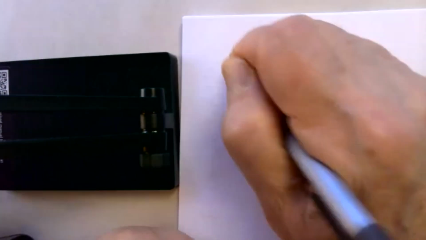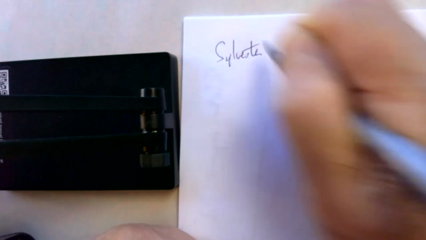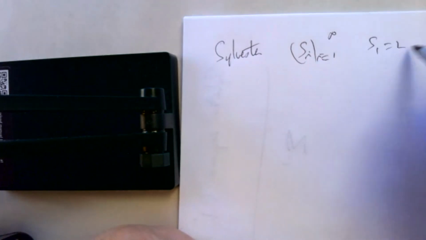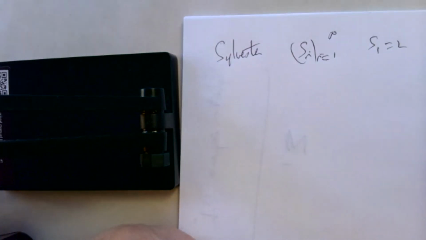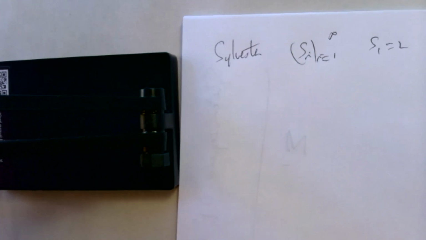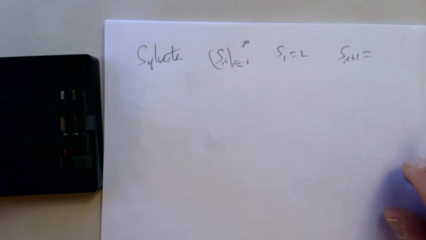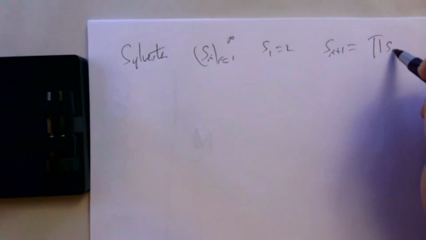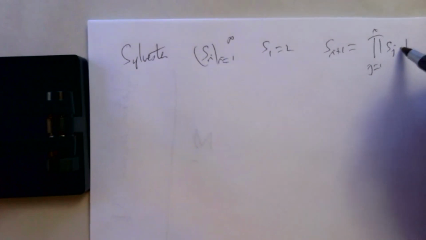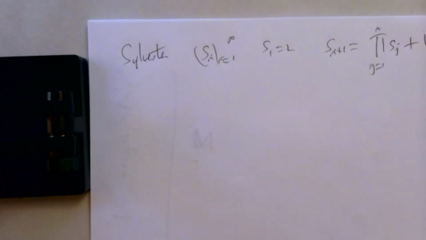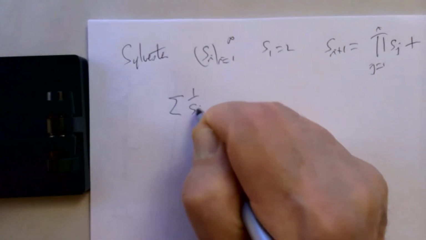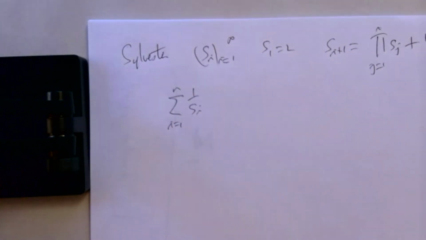So remember Sylvester. S sub i, i goes from 1 to infinity. S1 is 2, and S sub i plus 1 is the product of S sub j, j goes from 1 to i, plus 1. And this has the following property. If you take the sum of the first n terms of this sequence, of course, this is strictly less than 1.